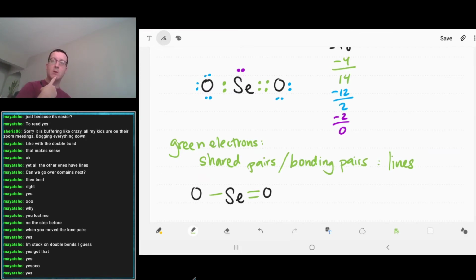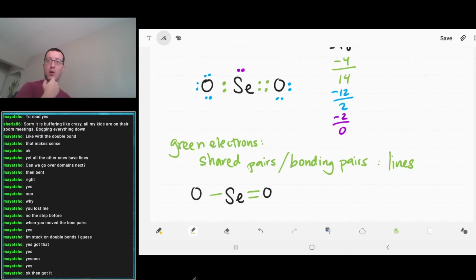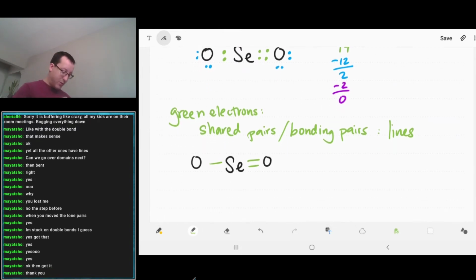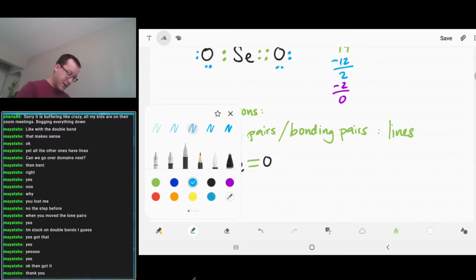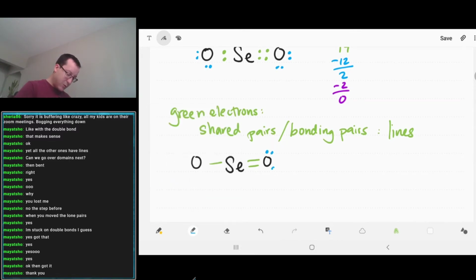All the green ones that we see here are the shared electrons. And all these blue ones and the purple ones are going to be lone pairs. So we do redraw our lone pairs in our final structure.